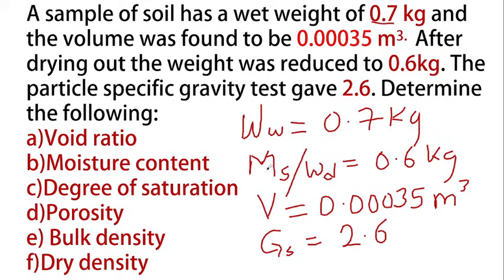Throughout this video, I'm going to use these symbols interchangeably to represent the mass of the dry sample. And also in some textbooks, W subscript s is used to represent the mass of the dry soil or weight of the dry soil. So just take note of that. V stands for total volume of the soil sample, and Gs stands for the value of the specific gravity.